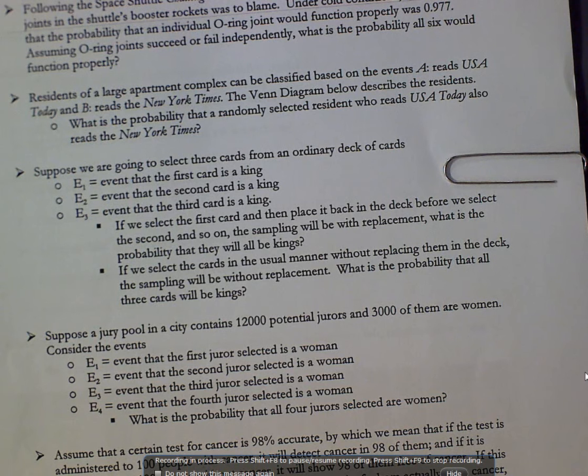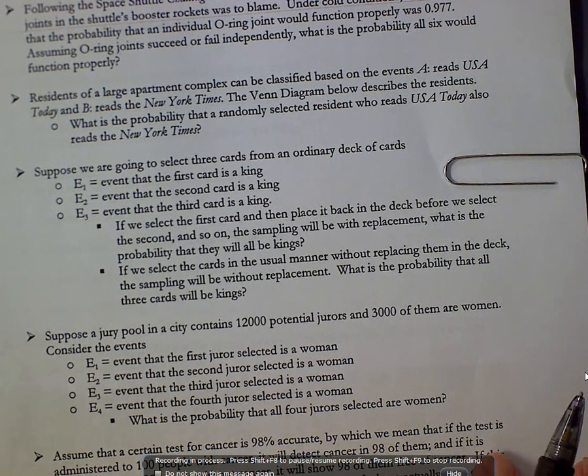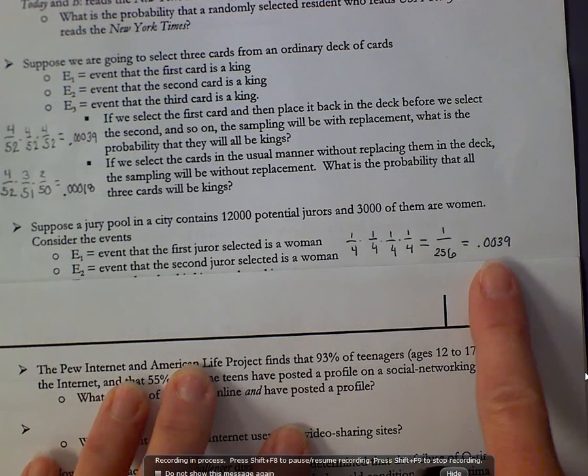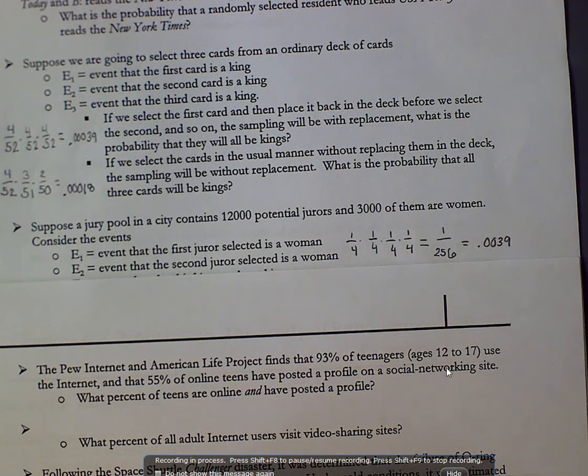So if I'm picking 4 jurors, say, the probability that all of them will be women, if I replace them, is equal to 1/4 times 1/4 times 1/4 times 1/4, right? Okay. So I calculated that, and I got that to be equal to 0.0039.